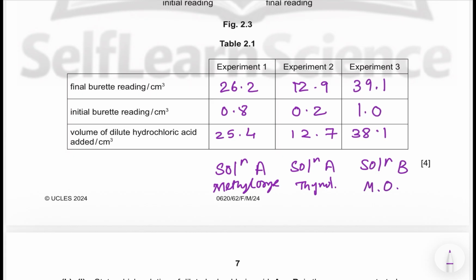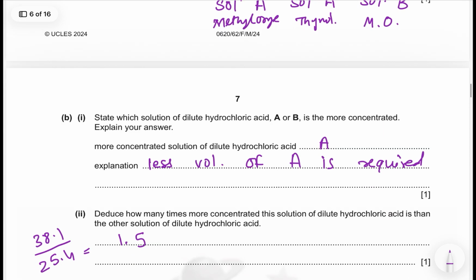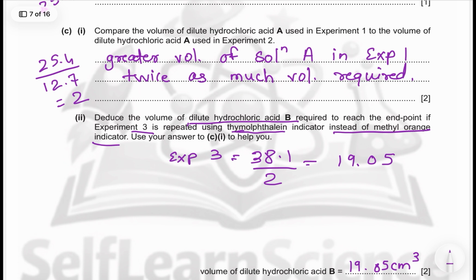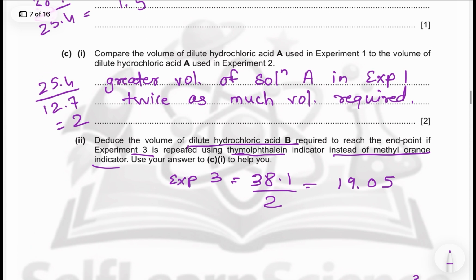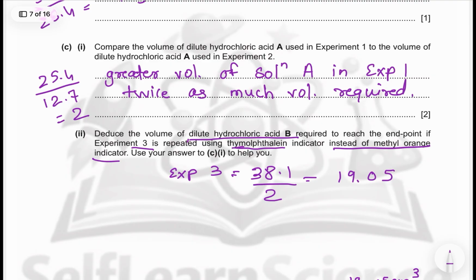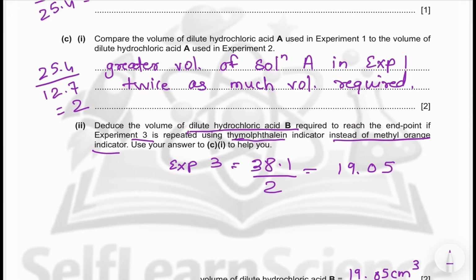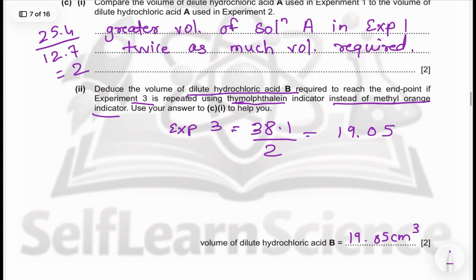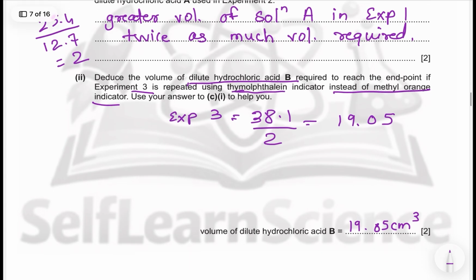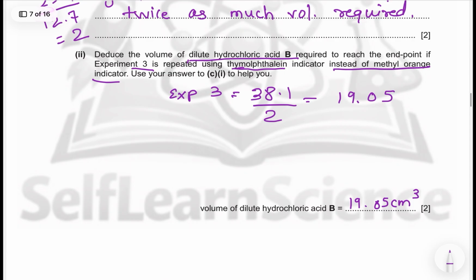Now they are asking, instead of methyl orange, if we are repeating experiment 3 with thymolphthalein, what will be the value. Now in the above question, we have identified that the volume of solution A was twice, that is 2 times. So the value of experiment 3 that we have got, which is 38.1, if we divide it by 2, we get the value 19.05. So 19.05 centimeters cube of hydrochloric acid B will be required if we use thymolphthalein as an indicator.